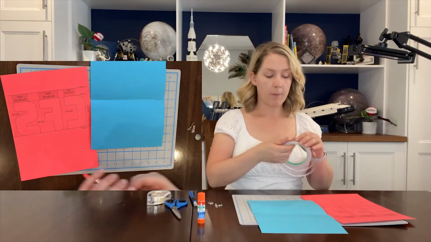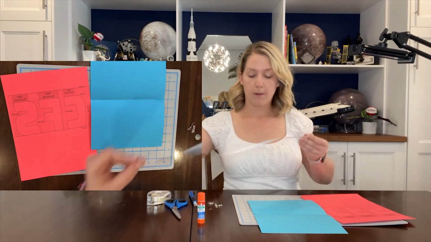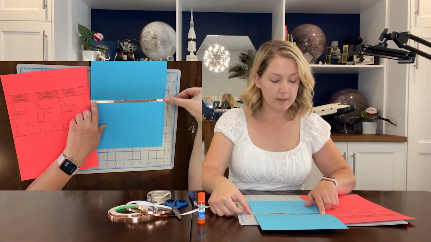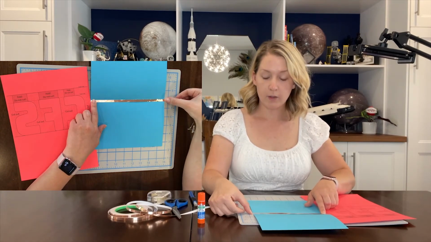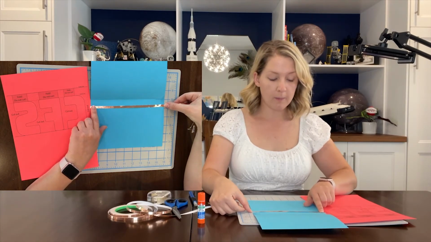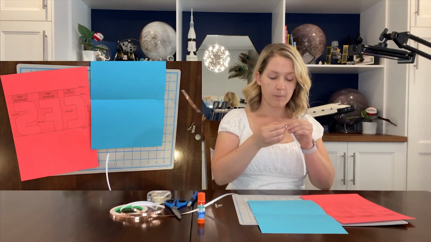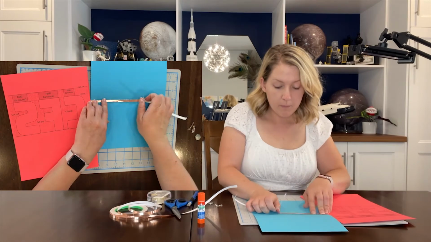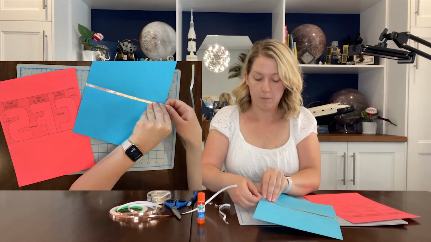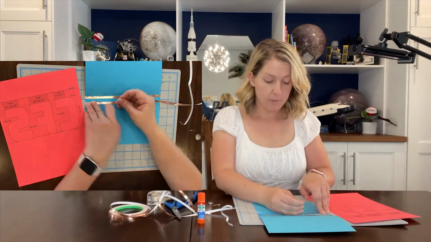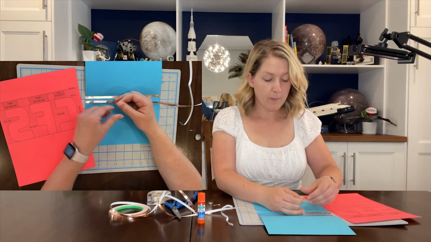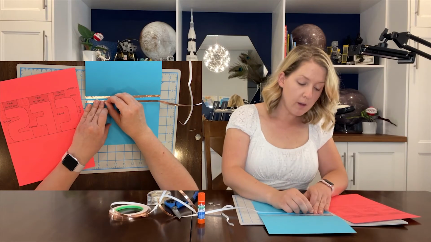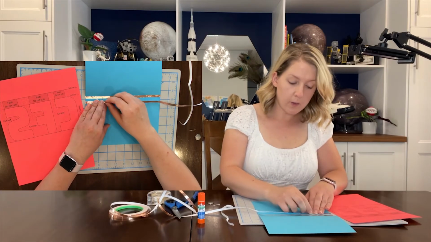Then we'll take the copper tape and we'll just lay it across here, right underneath the fold, and then a little bit lower as well. As long as your LEDs can fit across, you're in good shape.